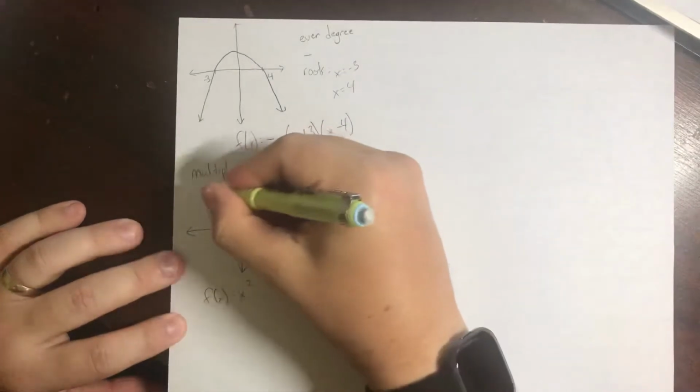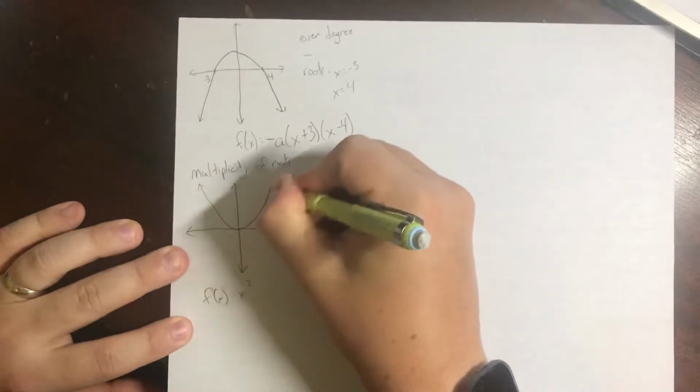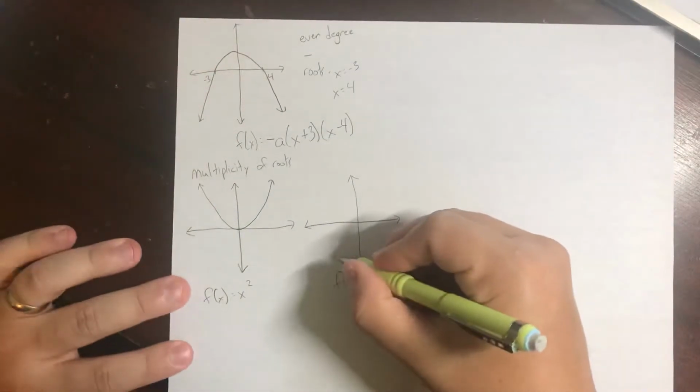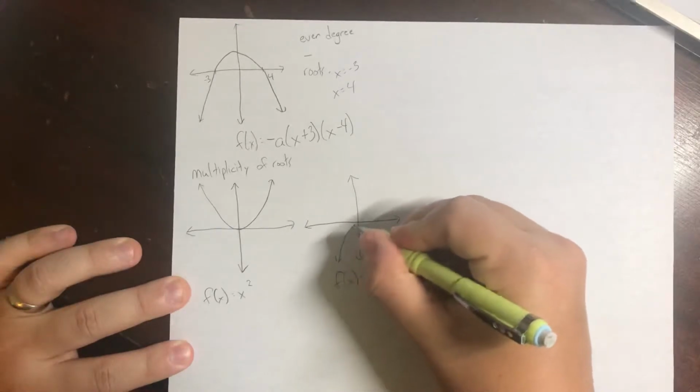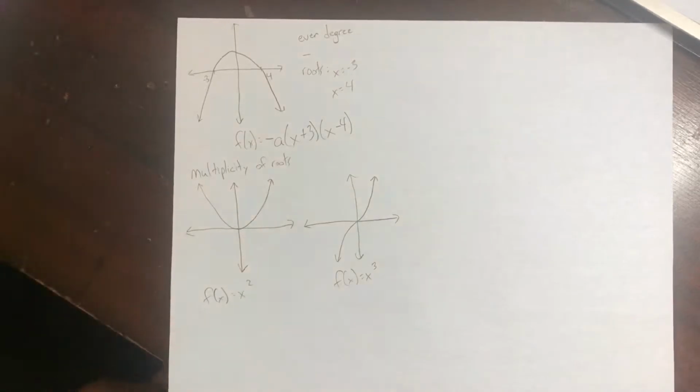What does x squared look like? Well, we know x squared comes down, passes through point 0, 0, just touches our origin and continues up. What does x cubed look like? Well, we know x cubed looks something like this, where it just passes through our origin.